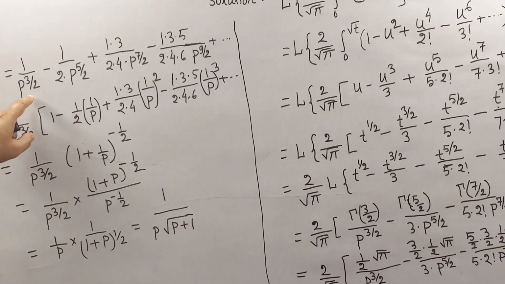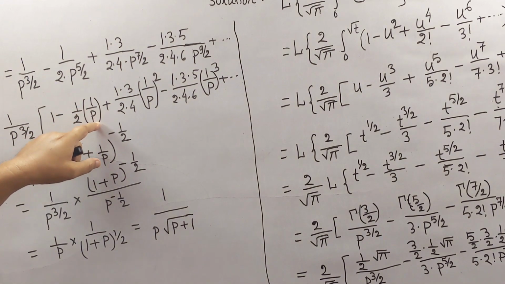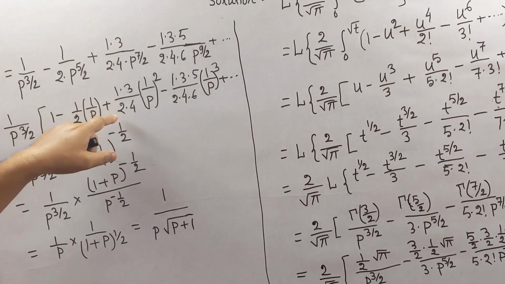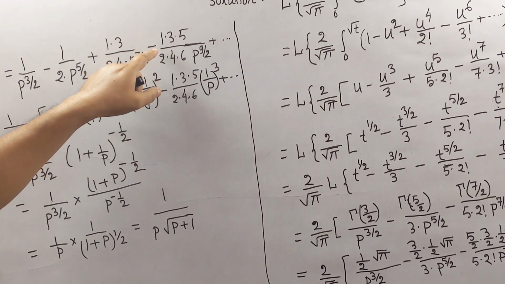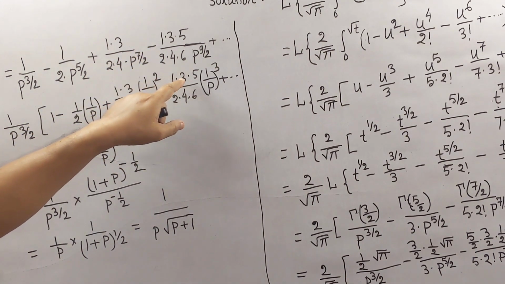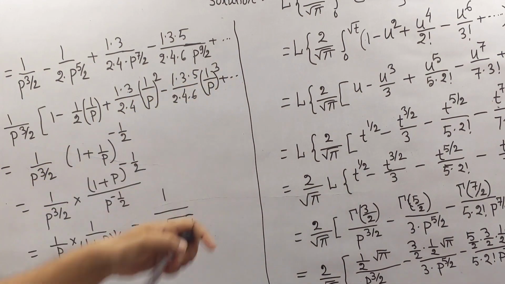Here we take common 1 by p to the power 3 by 2. Here remains 1, here minus half into 1 by p, here 1 into 3 by 2 into 4, 1 by p square. Here we get minus 1 into 3 into 5 by 2 into 4 into 6, 1 by p cube, and so on.